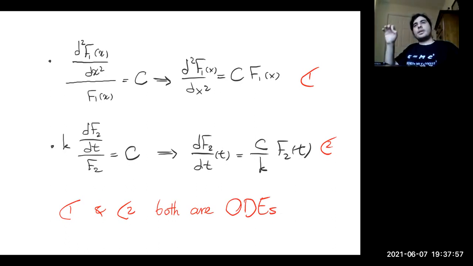And each of them is a homogeneous equation. We know how to solve these equations, right? So we started with the partial differential equation. Using some modifications and some assumptions, now here we have two ordinary differential equations. That is the idea here.